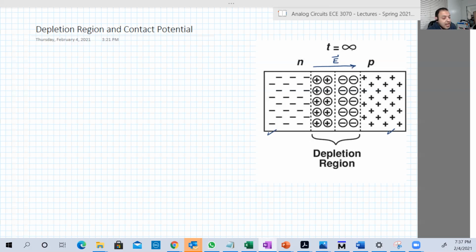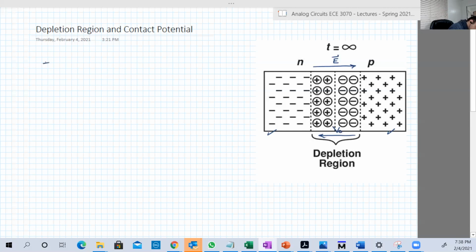And once we have an electric field, with a positive electrode and a negative electrode, we also have a potential. It's a naturally created potential, just like the electric field. This potential has a direction from the negative to the positive, and we call it V naught or VBI, the barrier potential.